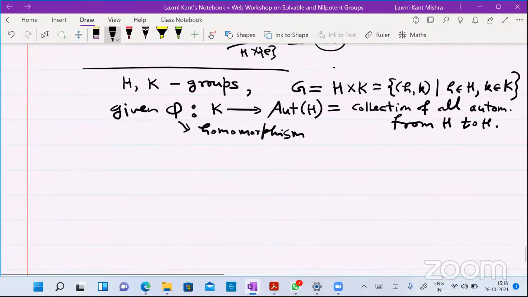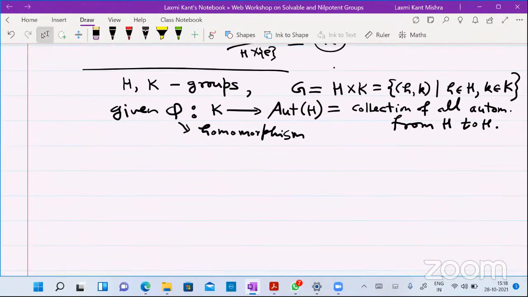So now we are defining a binary operation on G. How will we define it? Suppose we have two elements, H1 K1 and H2 K2.